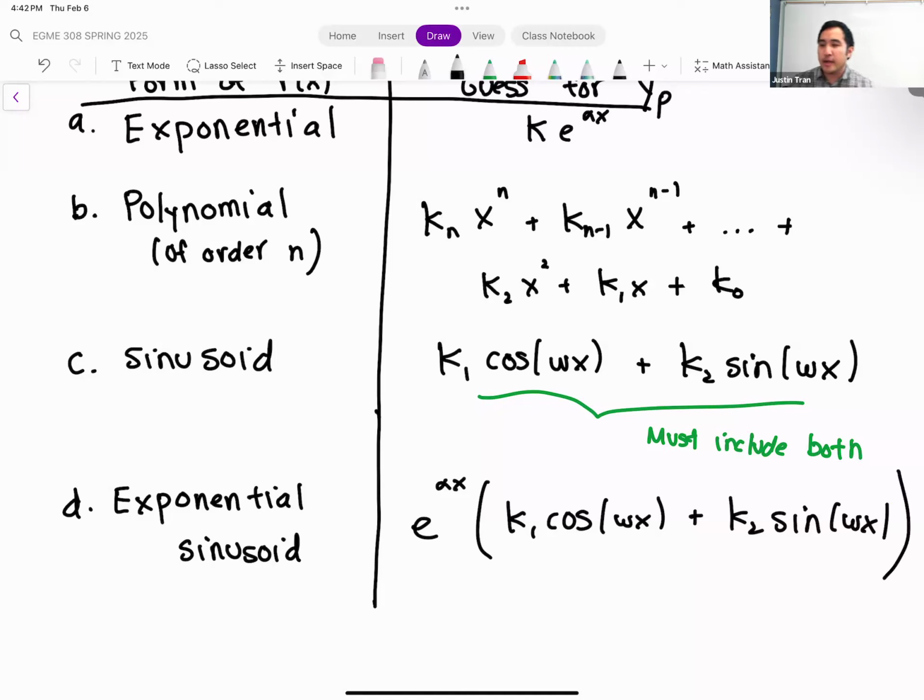Again, you have to include both sine and cosine, and you just multiply your guess by the exponential. Any questions on this so far?